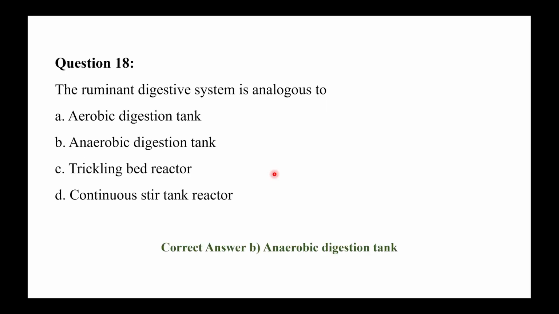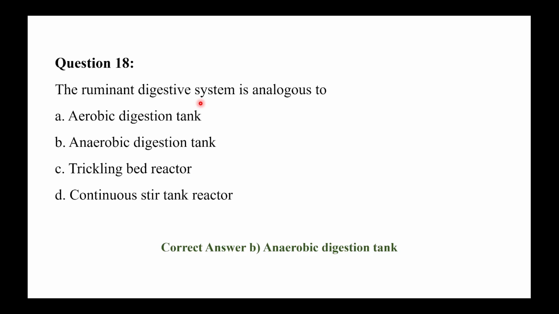So we have already discussed biogas formation. The digestive system of these animals has methanogenic bacteria, like our gut has some bacteria. Similarly, these cattle also have certain types of bacteria residing inside their gut.